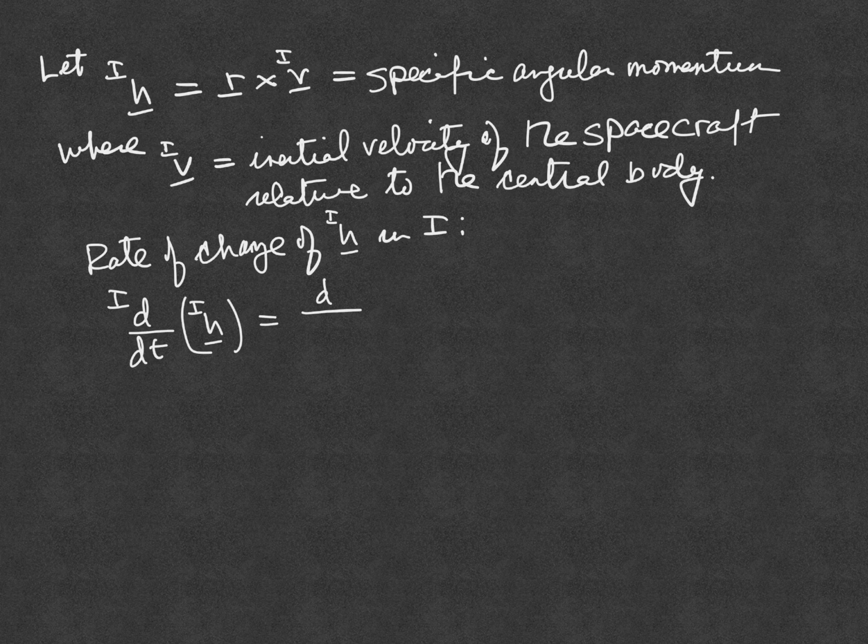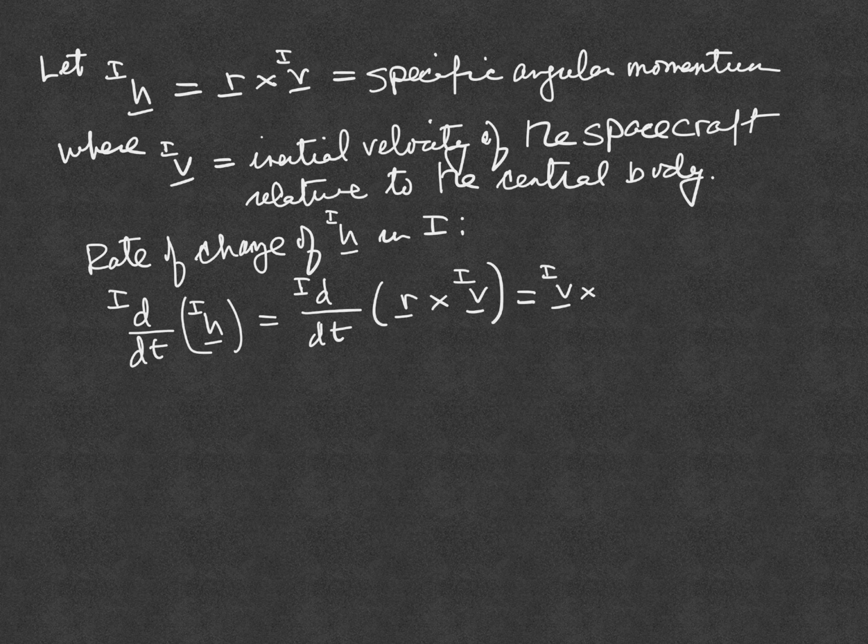So that's d dt in I of r crossed with VI. Now this follows the product rule for differentiation. So this is equal to the derivative of the first crossed with the second plus the first crossed with the derivative of the second. Well, the derivative in I of r is just VI.